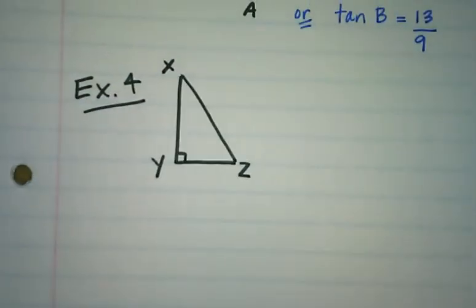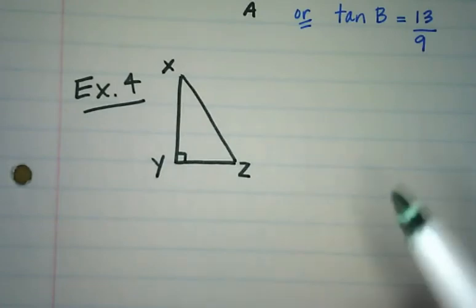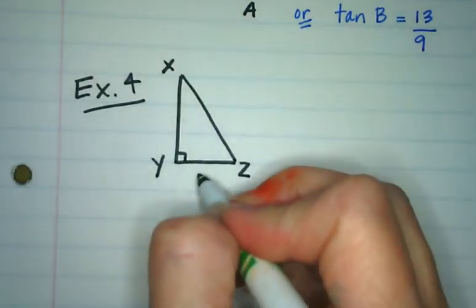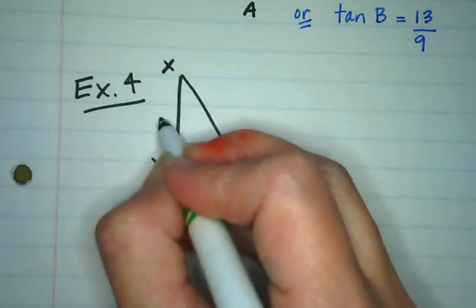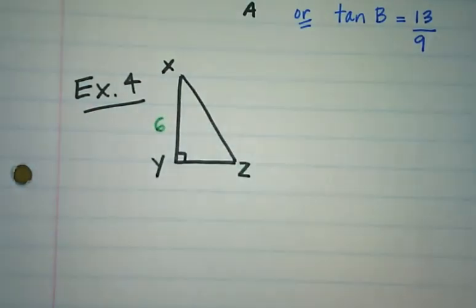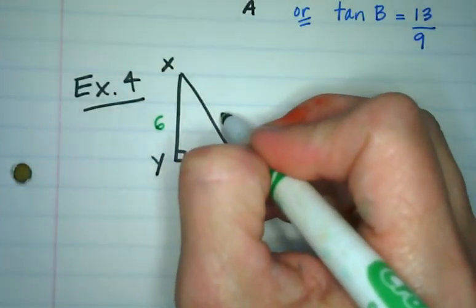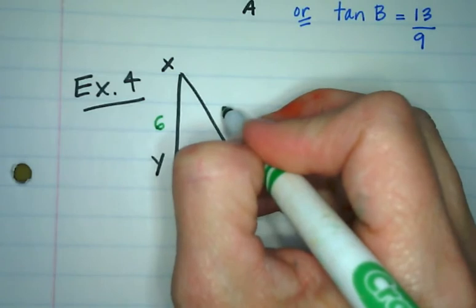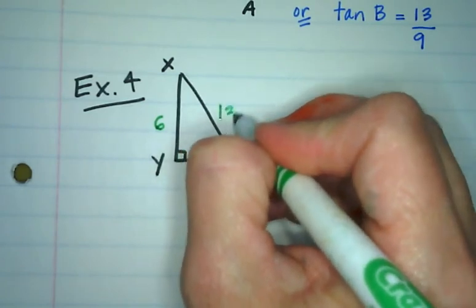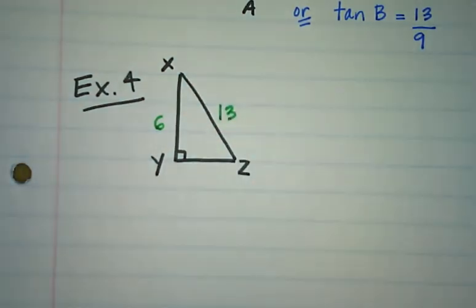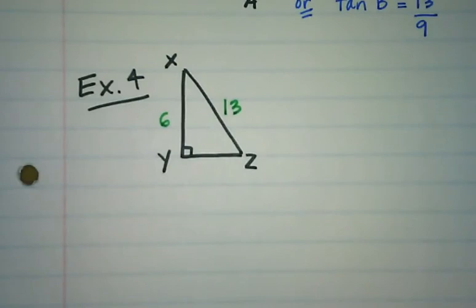For this problem, I'm going to tell you that this side is 6, and that this side is 13. So what we need to do here is write a possible trig function that we could use to solve this triangle.